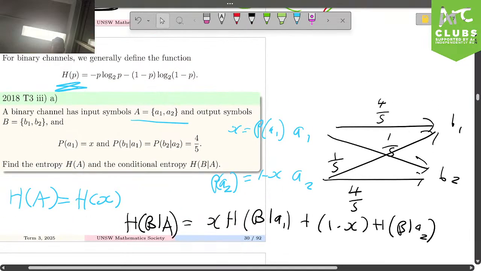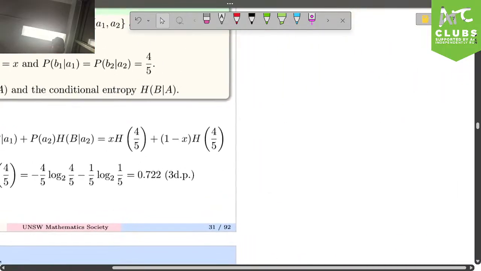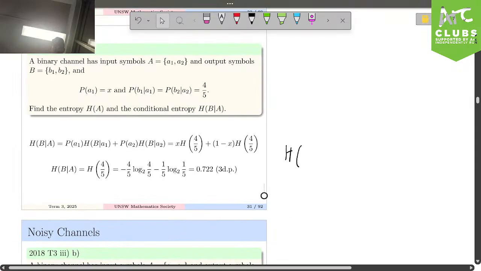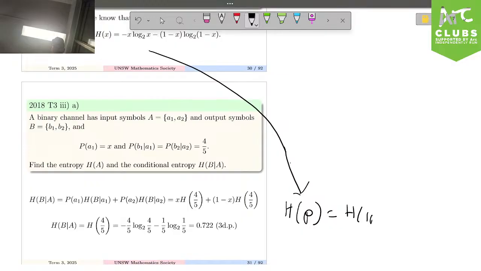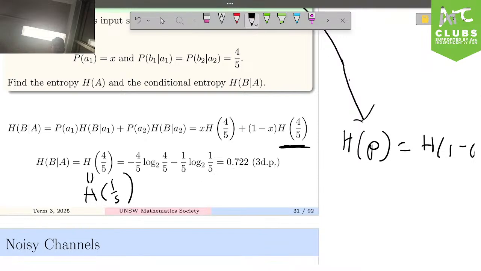Equivalently, it is a property of this function, if I can zoom out, yep, good, that H of P equals H of 1 minus P. So equivalently, we could have said here H of 1/5, which should be fine. You can round that off if you want. And likewise, we'd use H of 4/5 or H of 1/5 here. So that's fine so far.